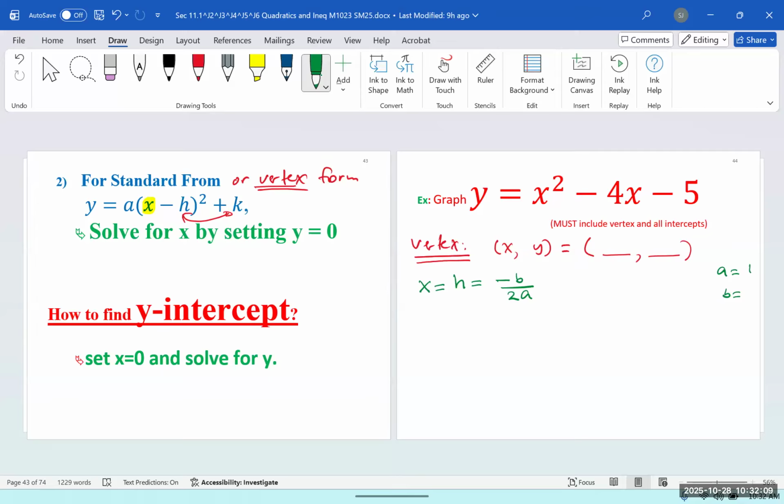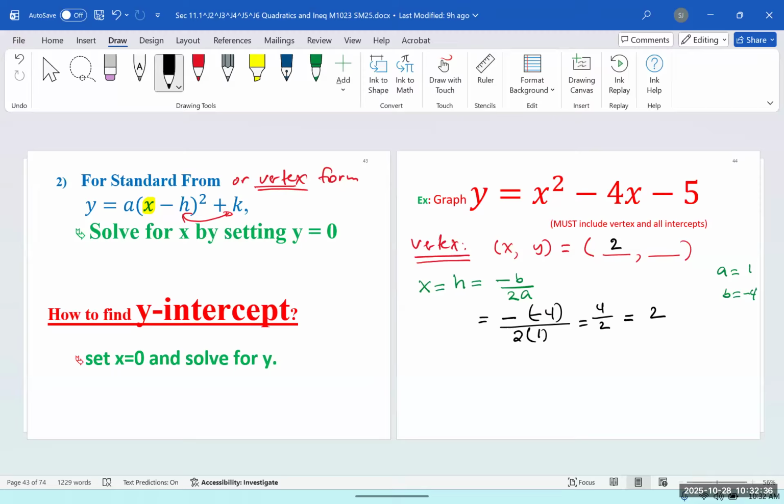And what is your b? Negative 4. Good. So negative b means what? Negative negative 4, which is positive 4, over 2 times 1. So 4 over 2 means half of 4, 2. So we found the x value, 2.